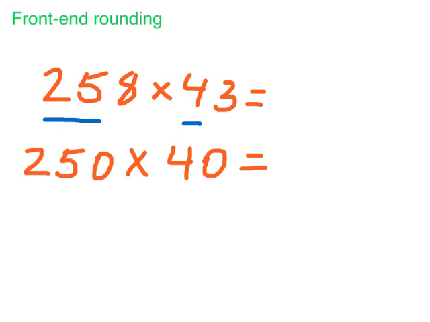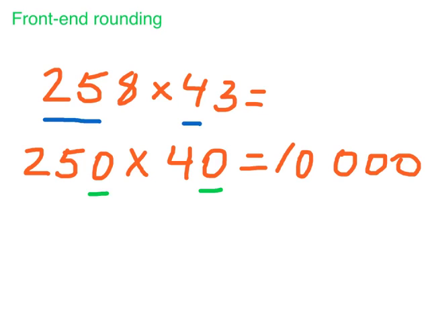We know that 25 times 4 is equal to 100. Since there are 2 zeros in the numbers in the problem, we are going to have to add 2 zeros to our answer. So our estimated answer for 258 times 43 is 10,000.